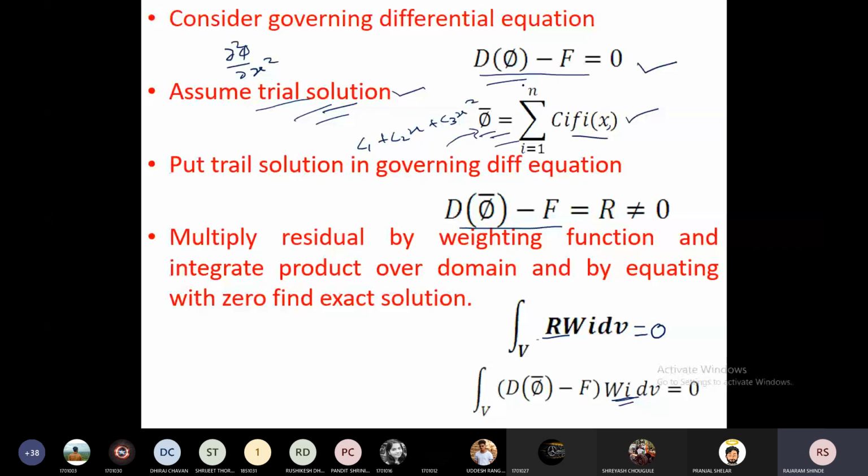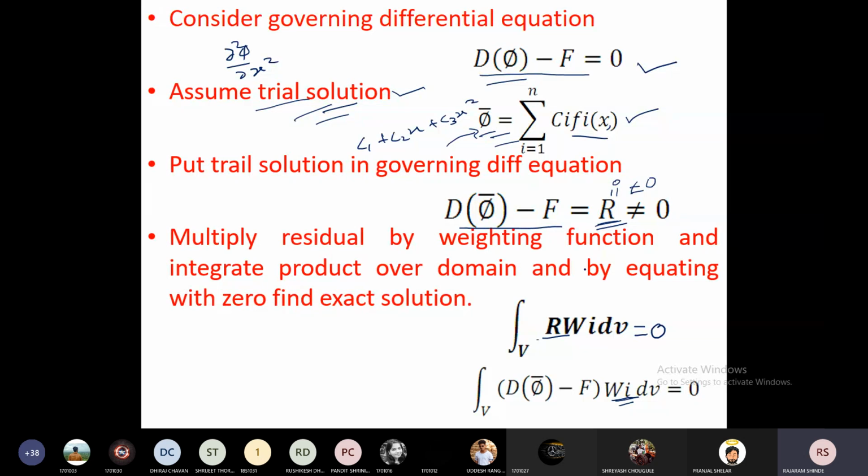When we do, we will get the residual, that is an error, and that error is not equal to 0. Why? Because our solution is not the correct solution. It is an approximate solution. Now our aim is to make this residual 0.